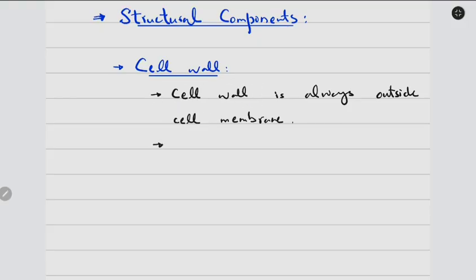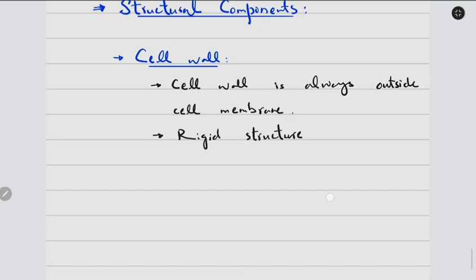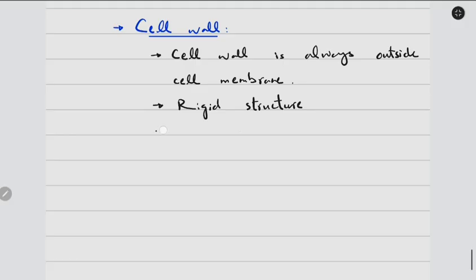The cell wall usually, whether it's bacteria or plant, is a relatively rigid structure. It maintains the shape. So the cell wall decides what the shape of the bacteria would be.